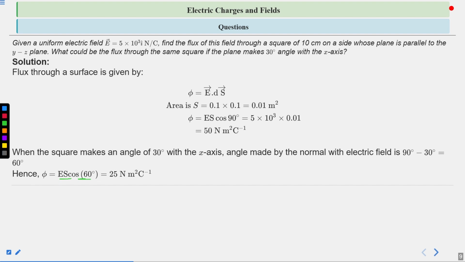So substitute the value of E, value of S. Value of S is 0.01 meter square. Value of E is already given in this question. And cos 60. So phi equal to 25 Newton meter square per coulomb. Clear? So this is the net flux. If you have any doubt, please ask.